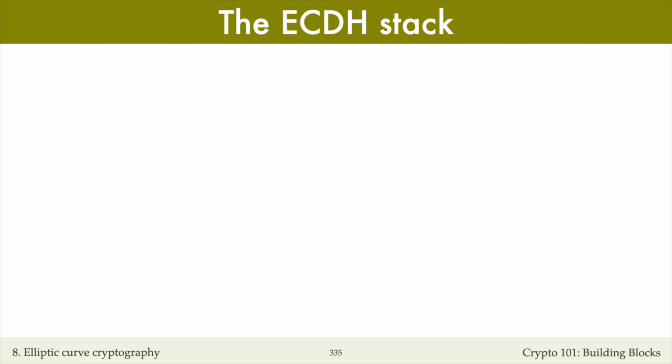Let me conclude by describing the ECDH stack. In other words, the different layers of mathematical routines needed for a complete ECDH solution. At the lowest layer, one needs a library for multi-precision integer arithmetic, including addition, subtraction, and multiplication.